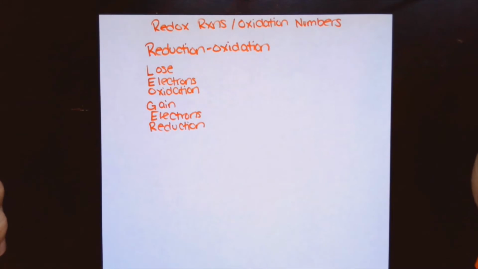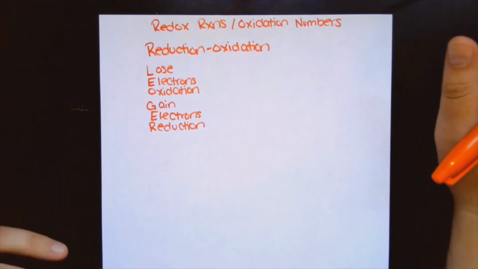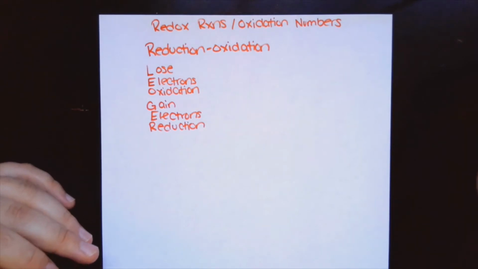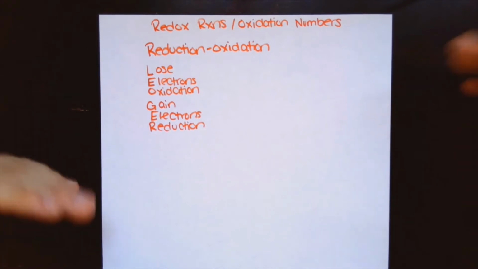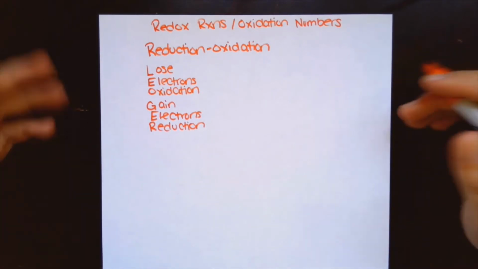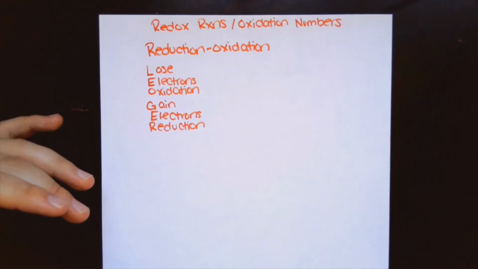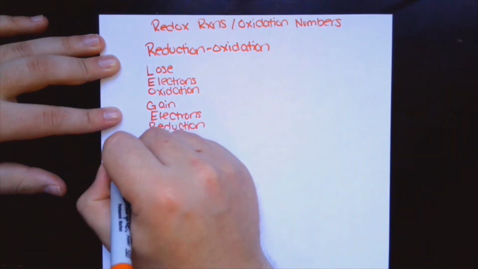There are 8 different rules for assigning oxidation numbers, and you need to know this because when you are trying to determine if a reaction is a redox reaction, you need to assign an oxidation number to every single atom in the reaction on both reactant and product sides, to then compare oxidation numbers and see if there's been an appropriate change. Again, that will make more sense in the next video when we go through multiple examples of redox reactions. So first, let's talk about the rules for assigning oxidation numbers.